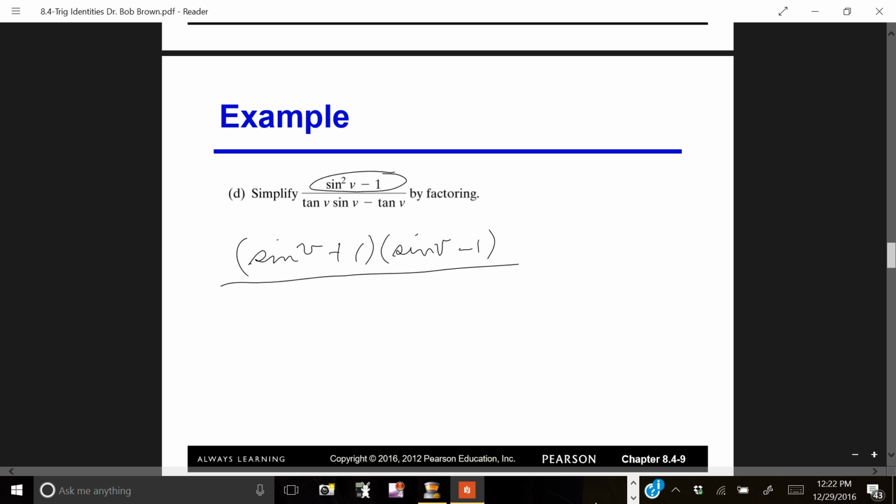And now let's take tangent of v out of the denominator, and that would leave tangent of v times sine of v minus 1.